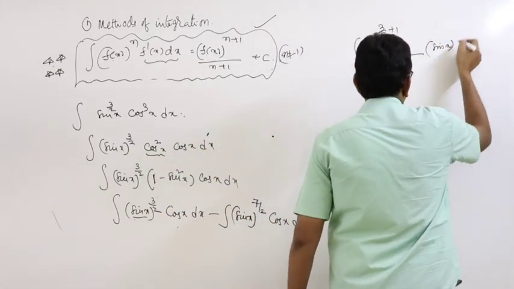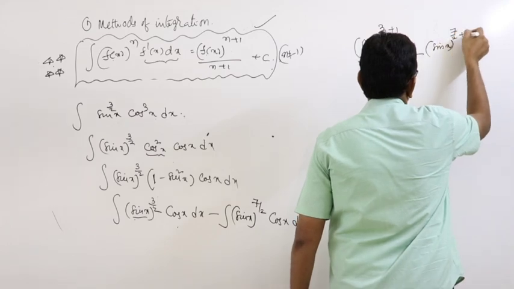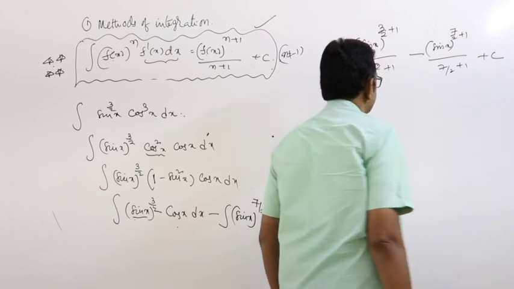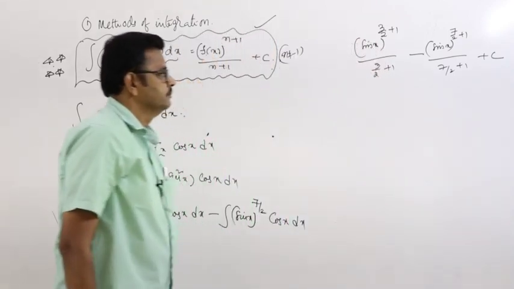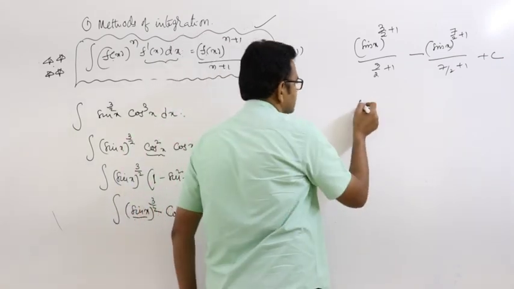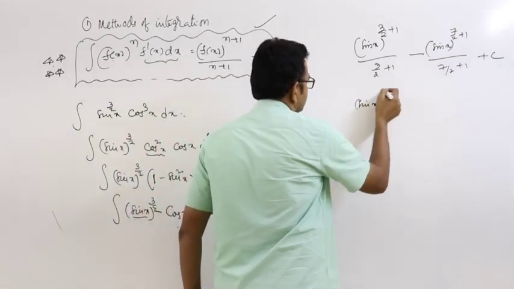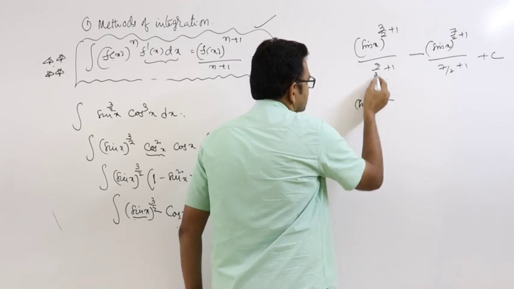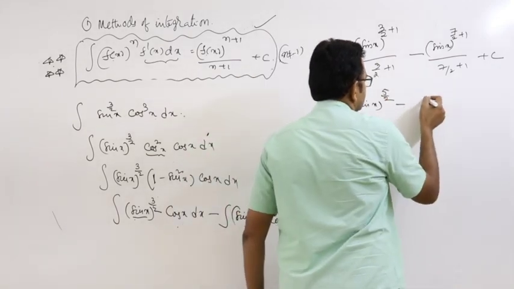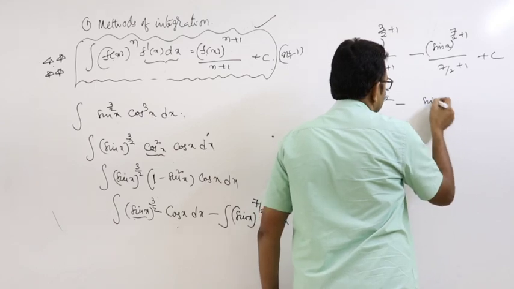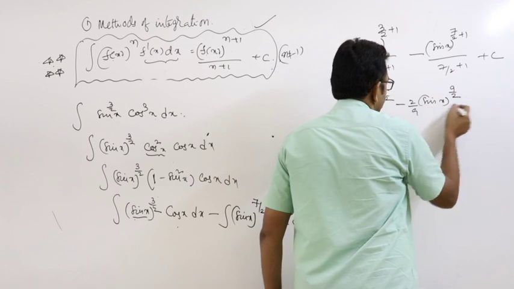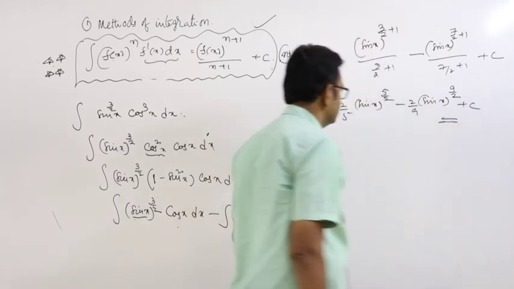Sin x whole power 7 by 2 plus 1 by 7 by 2 plus 1 minus. So, this is sin x power 5 by 2, so this is 2 by 5, minus sin x whole power 9 by 2, so this is 2 by 9 plus c.